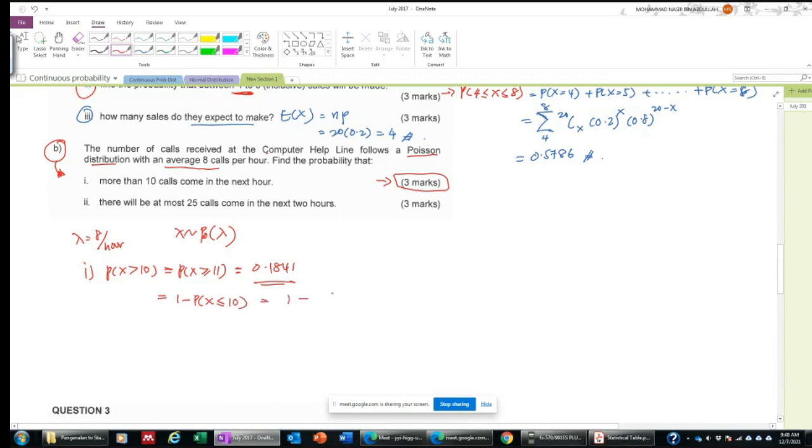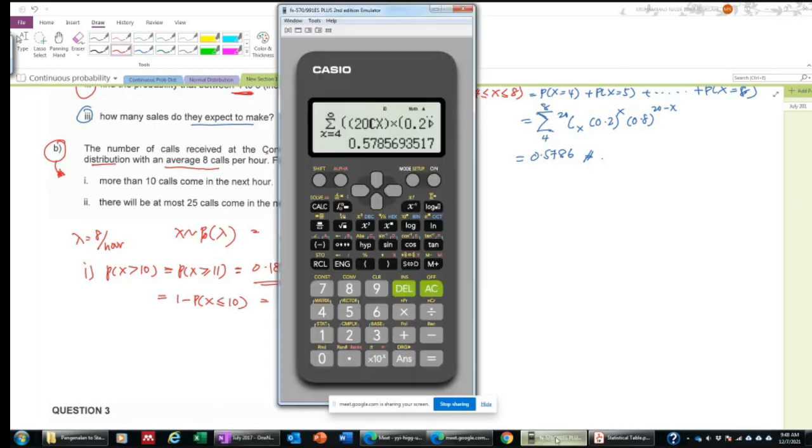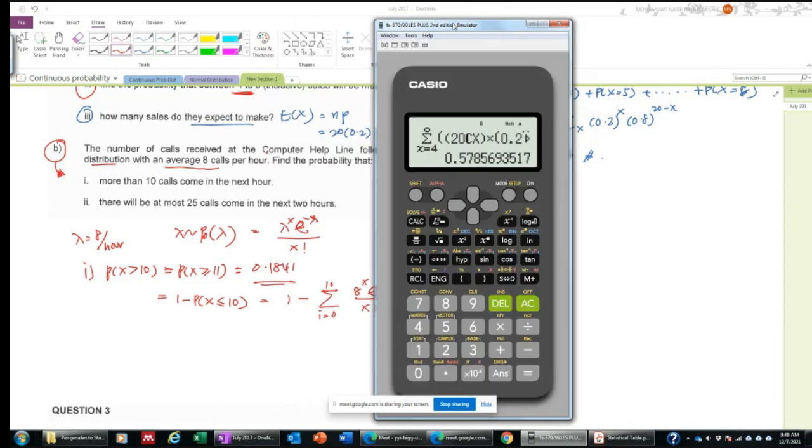So you can use a formula, summation from i equal to 0 until 10. The Poisson formula will be lambda power of X, exponential negative lambda, divided by X factorial. So this one should be 8 power of X, exponential negative 8, divided by X factorial. So you just input into the calculator.